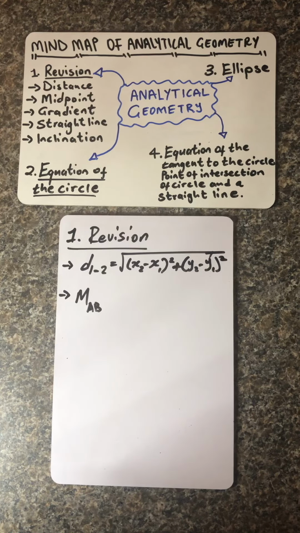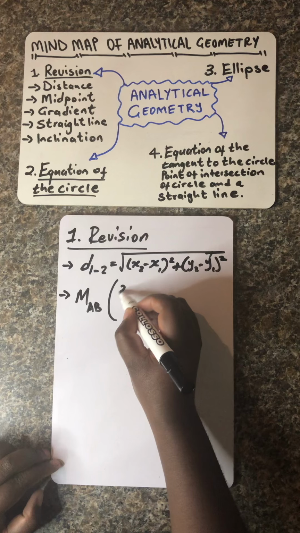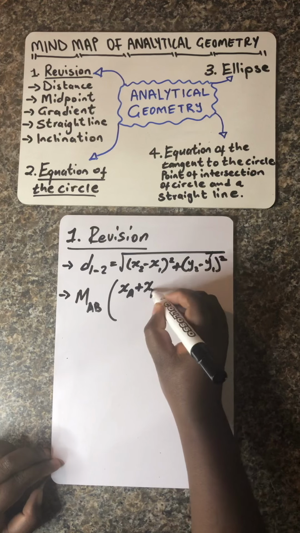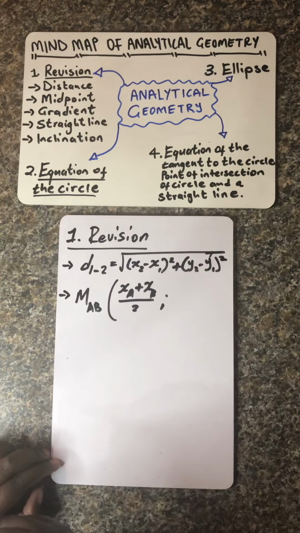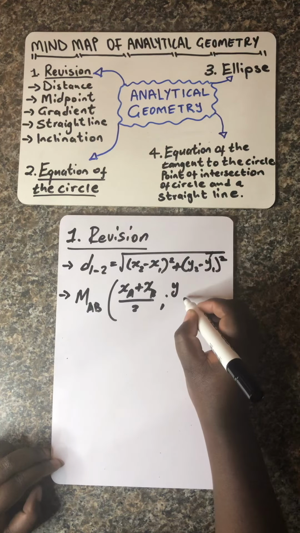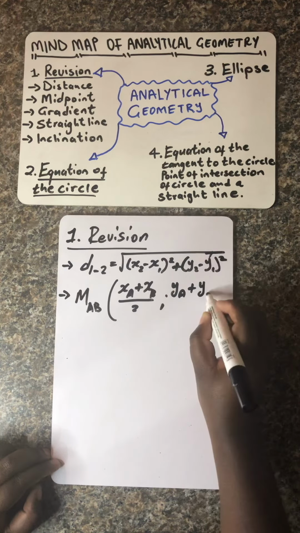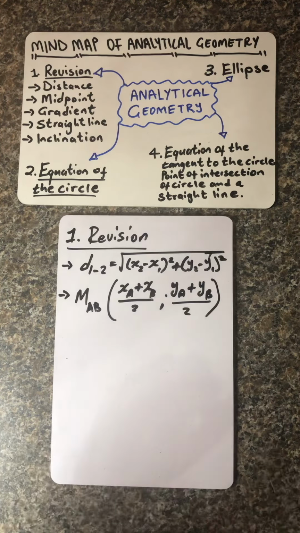For the purpose of this lesson, let's assume we've got point A and point B. So the midpoint formula: you've got the x value of point A added to the x value of point B, both of these divided by 2. The same applies to the y coordinates: the y coordinate of point A added to the y coordinate of point B, all of this divided by 2.